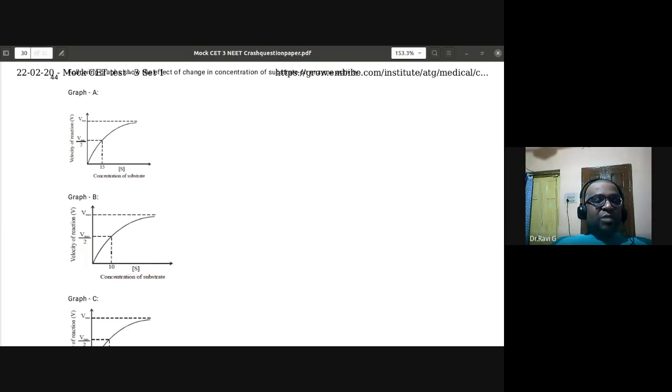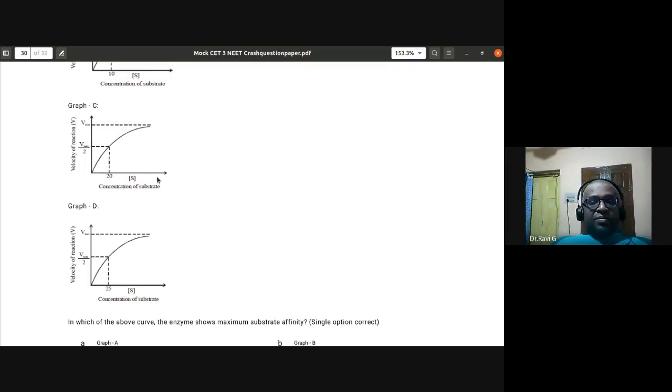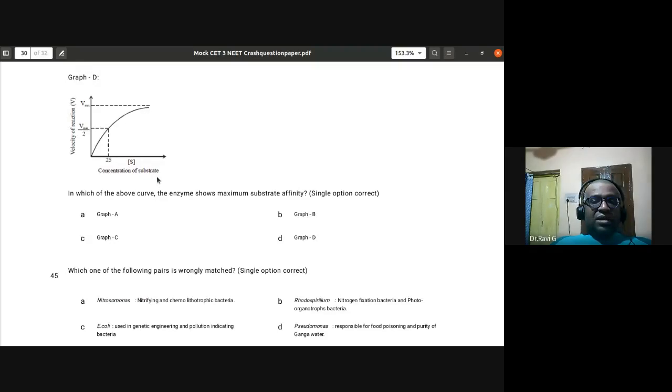In which of the above curves does the enzyme show maximum substrate affinity? Is it graph A, graph B, or graph C? So you have to find out which graph is indicative of it.